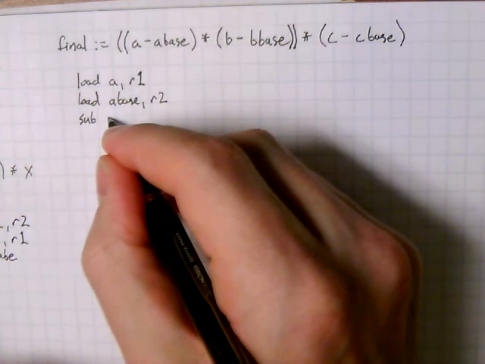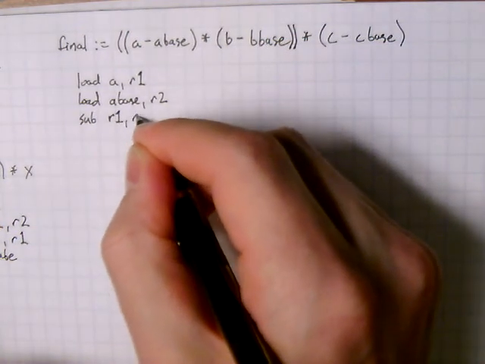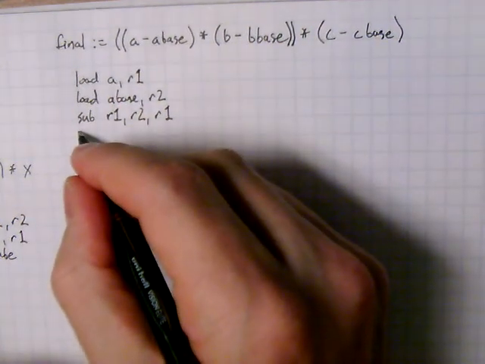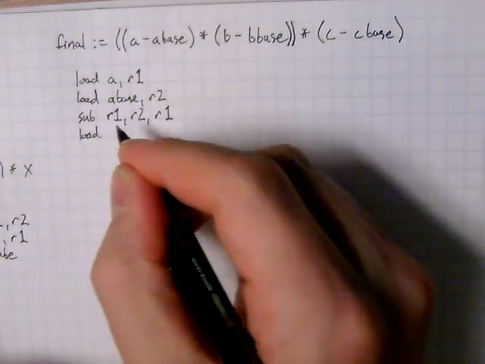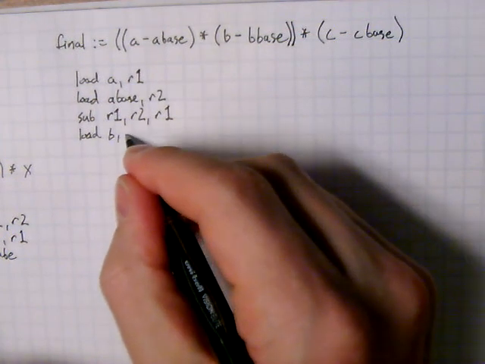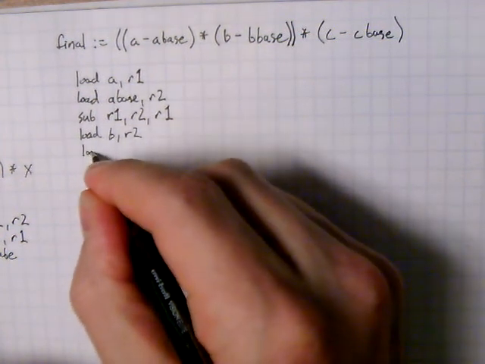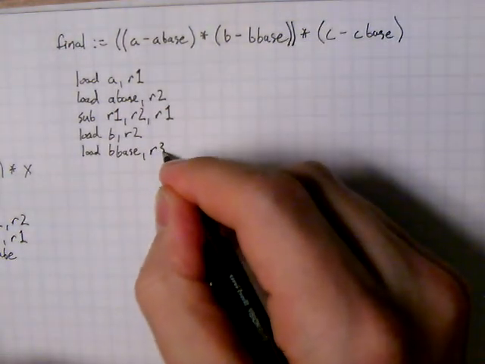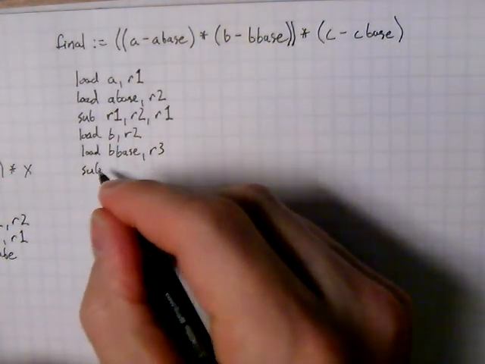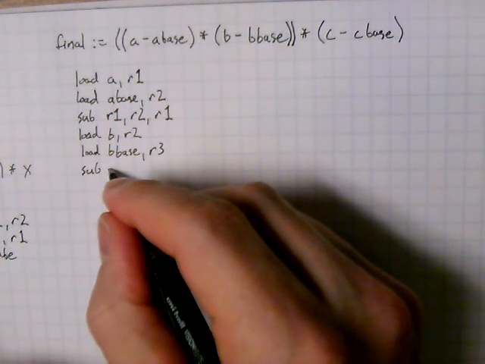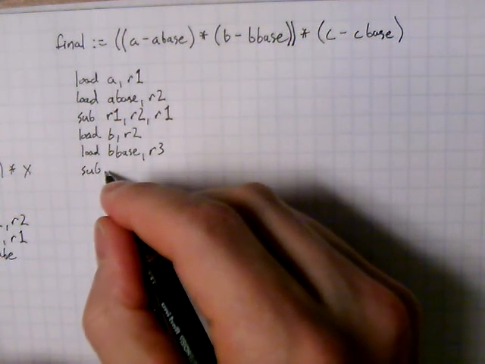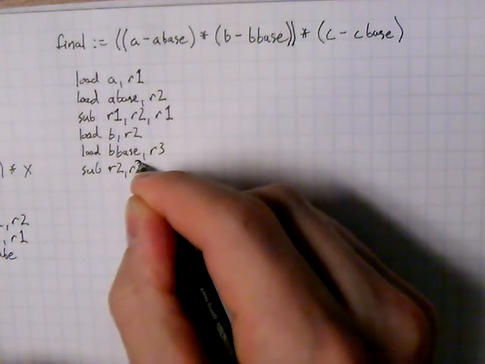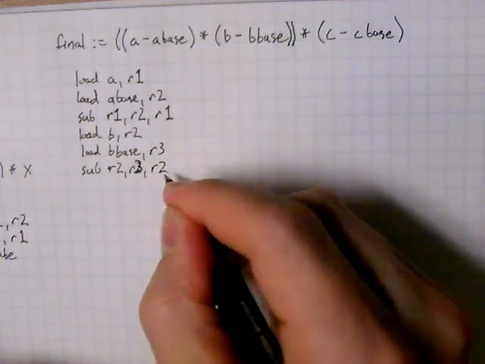So we subtract register 2 from register 1, store that back in register 1 again, and then we're going to load B into register 2, load B base into register 3, and we're going to subtract R3 from R2, and store that in R2.